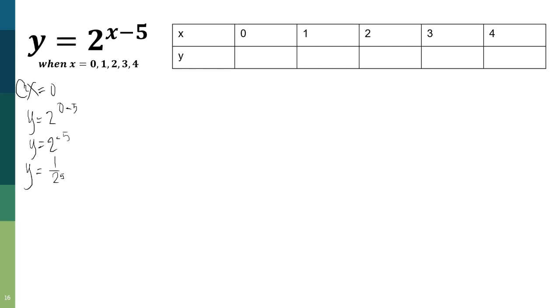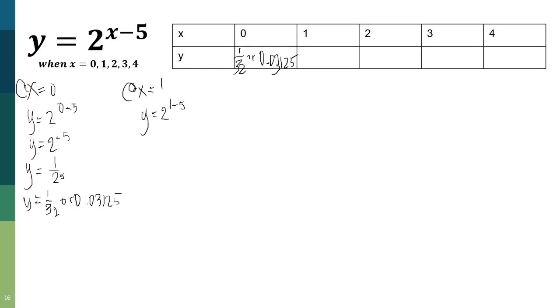And then 1 all over 2 raised to 5 is 1 all over 32, or 0.03125. We will put it in our table of values, 1 all over 32, or 0.03125.